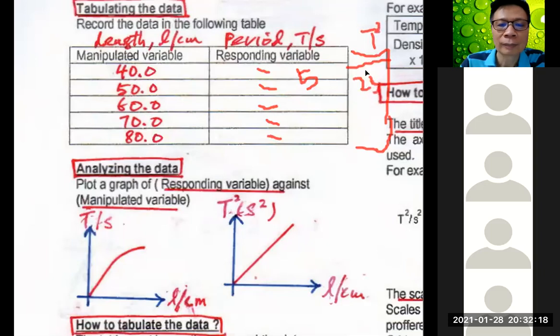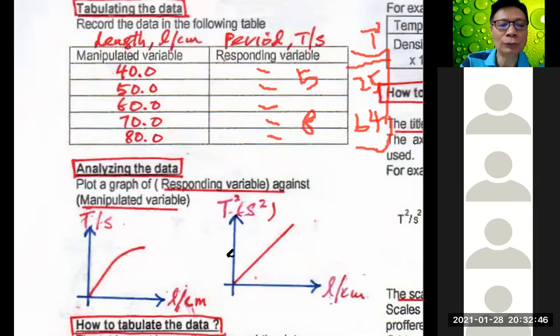And here is 8, and then you square it, so it becomes 64. Just use a calculator. That is called T square. You square everything, and then use this T square number against the length. And then you get a straight line. Understand? Different graphs, remember that. Okay, so one is done already.